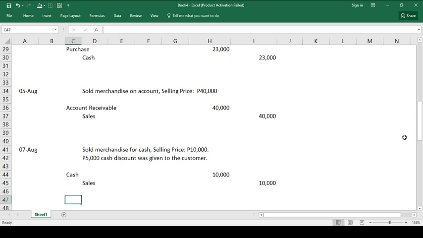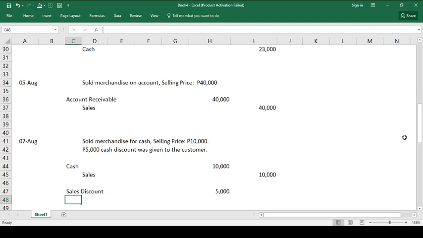And then after that, because there is a discount given by us, as the seller, we are on the seller's perspective. Nagbigay po tayo ng discount. What we are going to do is to debit sales discount for 5,000 pesos, kasi binigyan po natin ng sales discount.